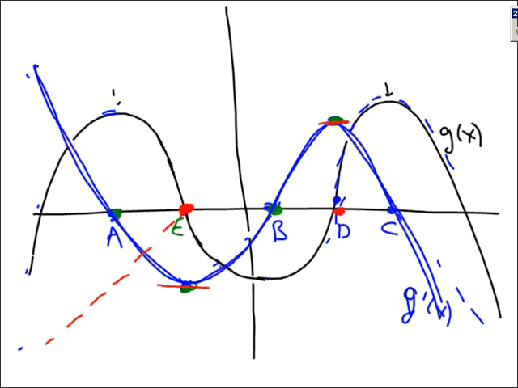Between E and B, the slopes are positive, but after B to D, the slopes are still positive, but they're getting less and less positive until at D it's 0. To the right of D, the slopes are negative, and they get more and more negative, like this. And you draw a nice smooth curve that crosses these key points. It crosses at E and this point up here and this point here.